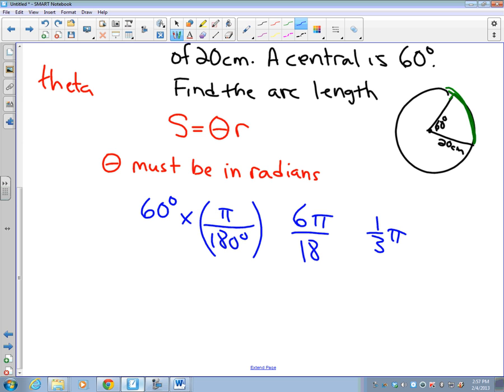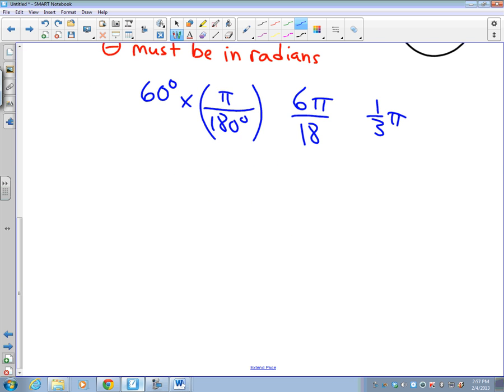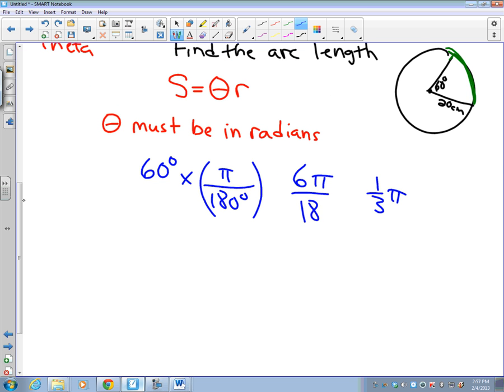That's fine. You don't have to reduce it if you don't want to, because you're going to use it in the formula now, right? So now we could use the formula. S equals 1/3 pi times 20, because that's the radius. Now the formula works, because we converted it into radians.